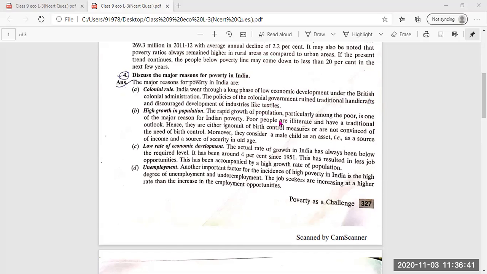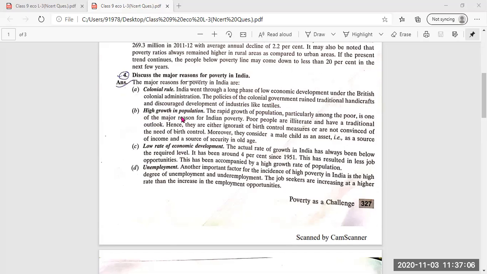Whatever policies were made under British rule were for the profit making of Britishers only, and that is why it declined the traditional handicrafts of India and also discouraged the development of industries like textiles.